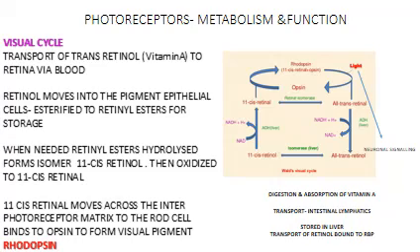But when needed, the all trans retinol can get converted to 11-cis retinol, which then gets oxidized with the help of NAD and the enzyme alcohol dehydrogenase to 11-cis retinal, which then combines with opsin to give rhodopsin. So the visual cycle is one of the main functions of rhodopsin, or the involvement of rhodopsin in vision is through the visual cycle.